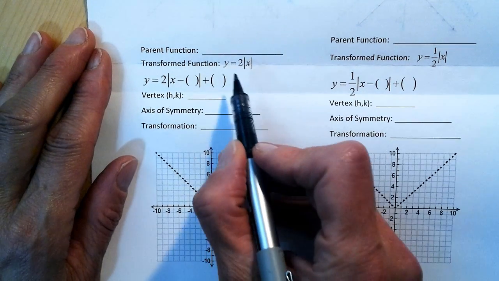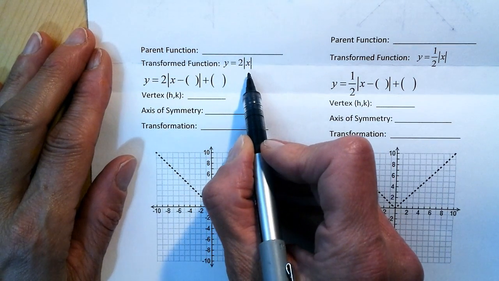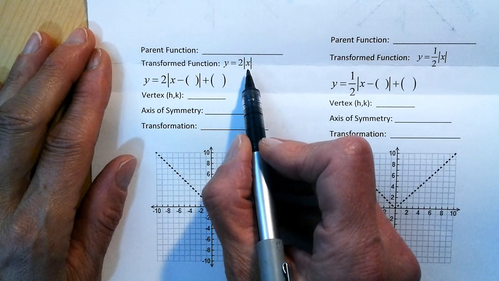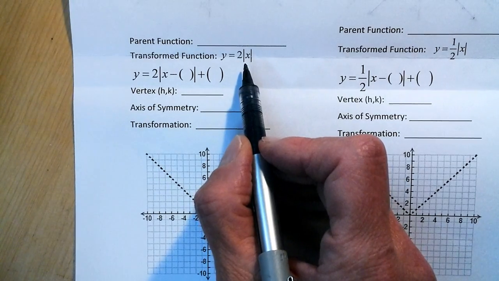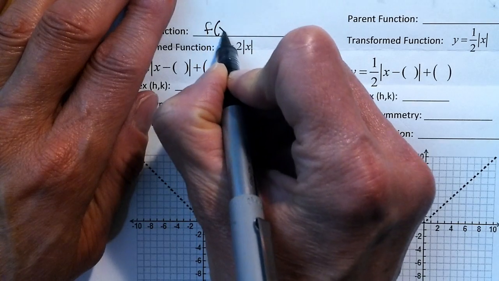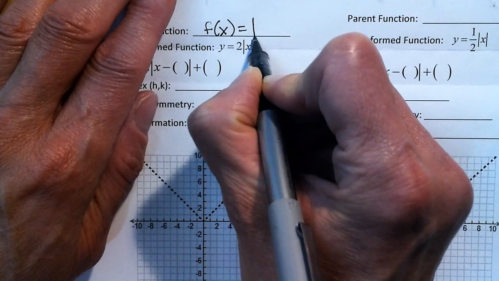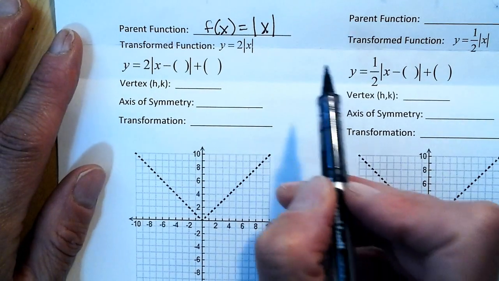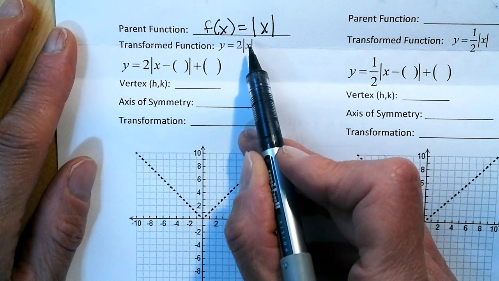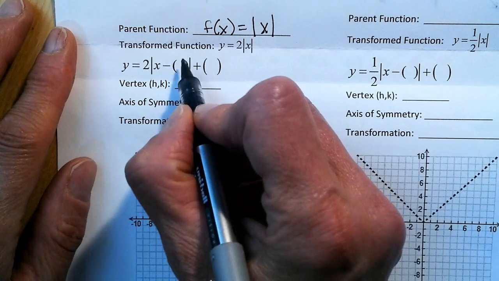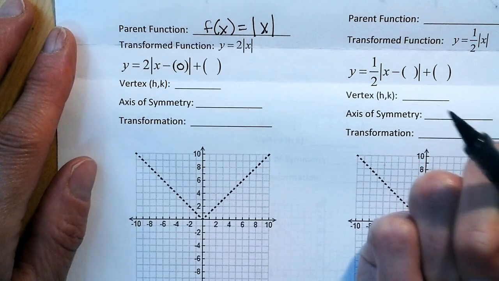Again, I can tell what the parent function is because it's just the basic bare minimum that I need. In this case, absolute value. So I'm going to say the parent function is the absolute value of x. What's happening here? Am I having anything being added or subtracted on the inside of the absolute value? The answer is no, so that's a 0.